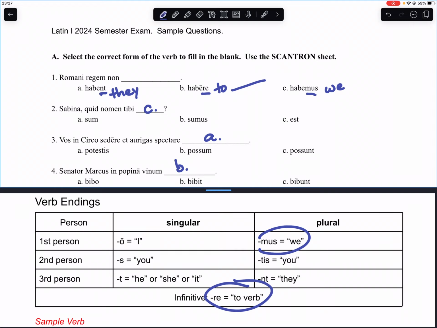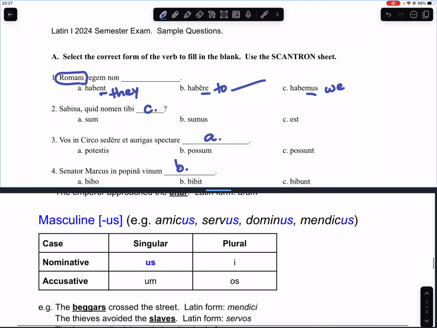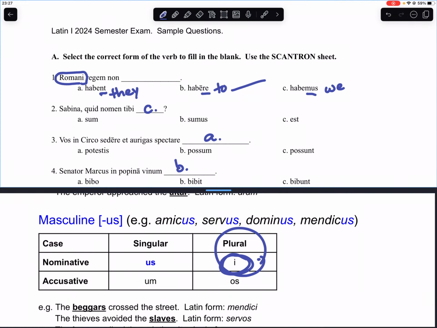All right, let's take a look at our subject, Romani. Right, and if I go down to my chart here, I'll see that Romani is plural. Okay, so I'm talking about somebody else, and that has to be plural.